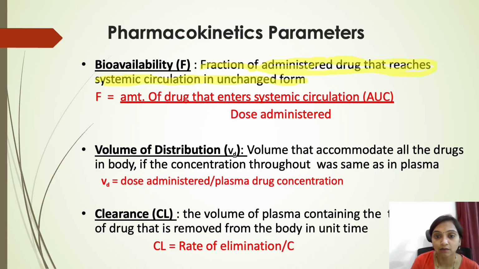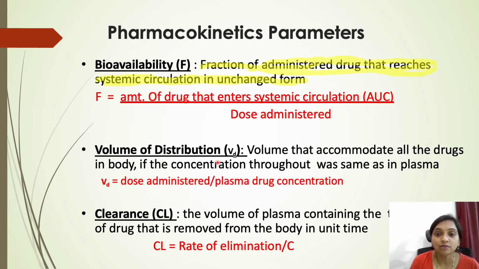This is also an important word, unchanged form. And how do you calculate bioavailability? The amount of drug that enters the systemic circulation, which we usually obtain from the area under the curve, divided by the dose administered. This will give you bioavailability.